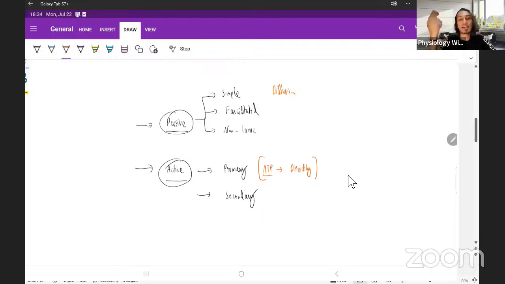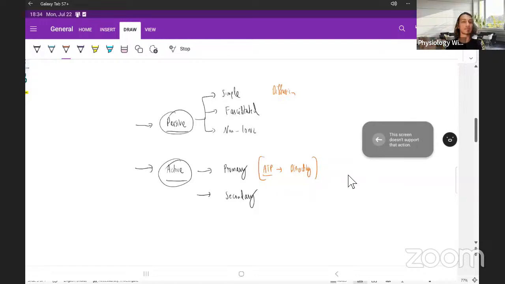On the other hand, a secondary active transporter is a little different. Secondary active transporters first go under the premise that something else utilizes energy and creates some sort of gradient. Most often in physiology, we see the sodium potassium ATPase being used to create a concentration gradient that favors another transporter to allow movement of ions.